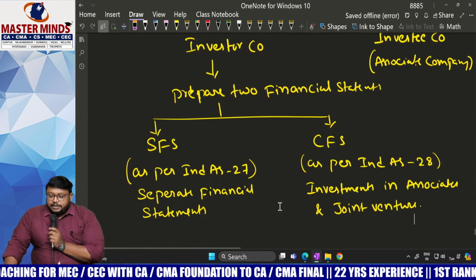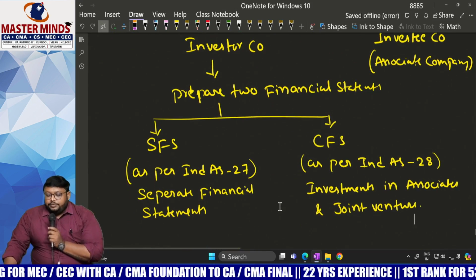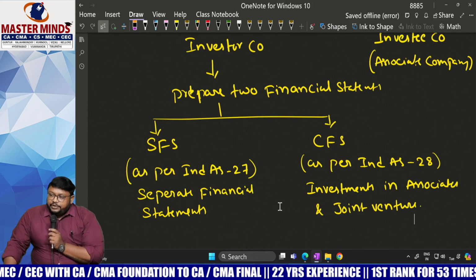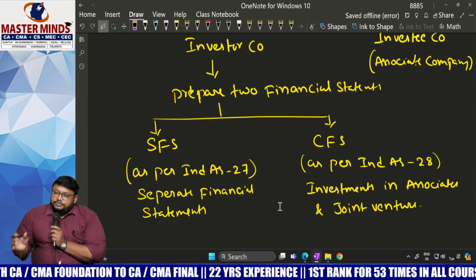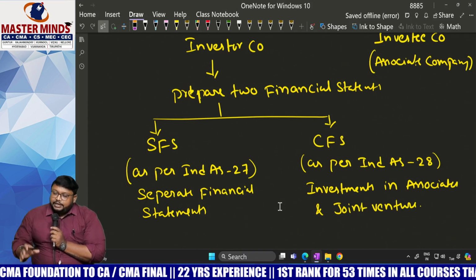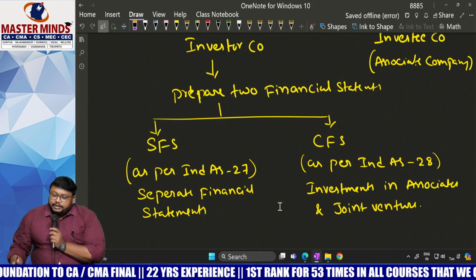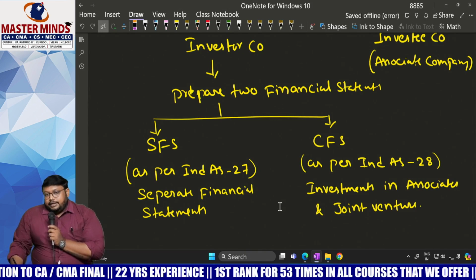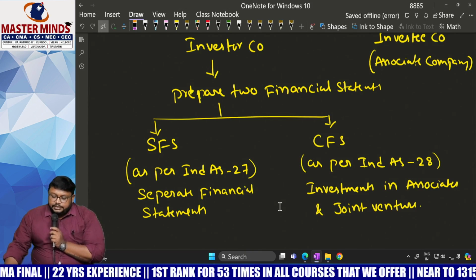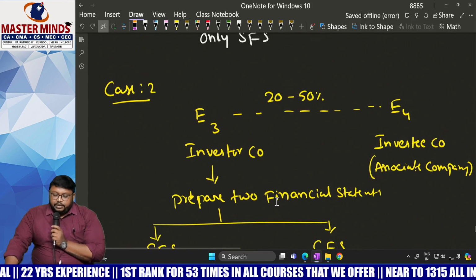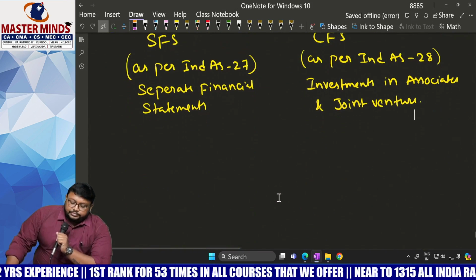Separate financial statements follow Ind AS 27, and consolidated financial statements follow Ind AS 28. Ind AS 27 deals with separate financial statements. Ind AS 28 deals with investments in associates and joint ventures. This is the second case. Now, third case.